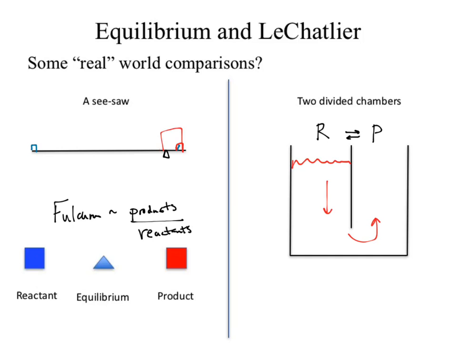How far does it rise up the other side? Till it's what? Equilibrium. Till it's equal. You mean till it's reached equilibrium? Yes, exactly right. Does that mean there's no liquid flowing between the reactant and the product side? No. I still have molecules on the reactant side going to the product side. I still have stuff on the product side moving to the reactant side.